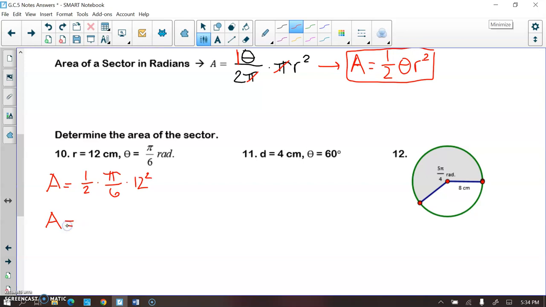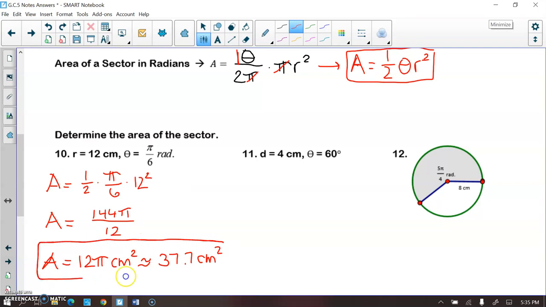For this one, we have 12 squared, which is 144 pi over 12, which reduces to 12 pi centimeters squared. If we wanted to round this to the nearest tenth, 12 times pi is the same thing as 37.7 centimeters squared. That would be the area of that sector.